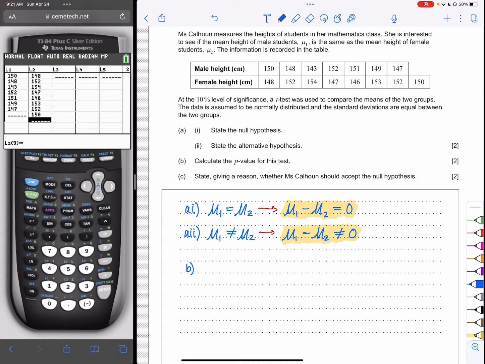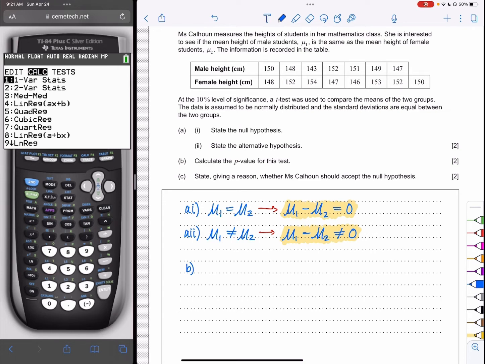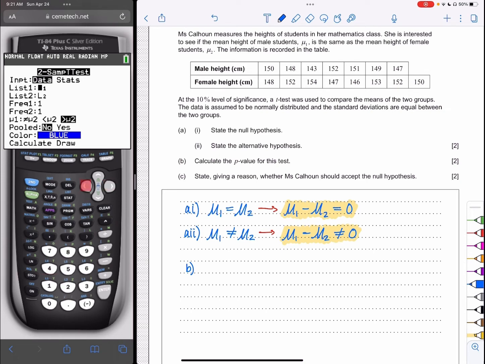All right, so now once we do that, we're going to go to Stat. We're going to go over to Test. And we are doing a two sample t-test because we have two things that we are going to compare, male and female. So I'm going to go to two sample t-test, number 4. I know that my first list goes in, and I'm going to put that it goes based off my data. Remember, you can do data or stats.